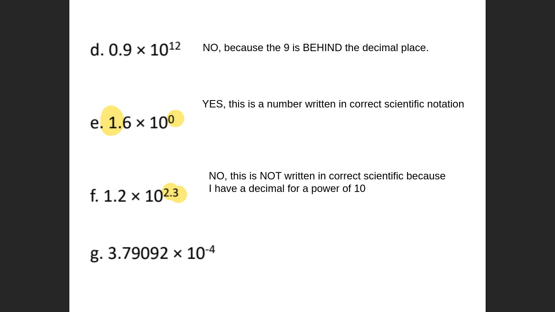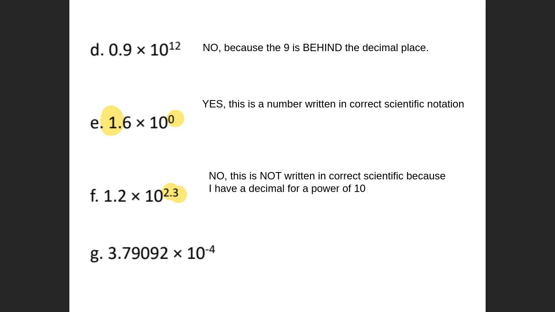Is that decimal before the X showing one non-zero digit to the left? Well, one is to the left of the decimal, but in the second half, I have an exponent of 10 that's a decimal.